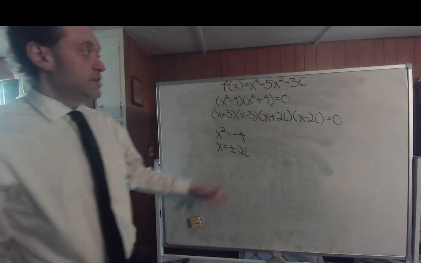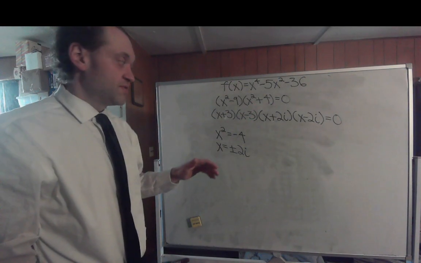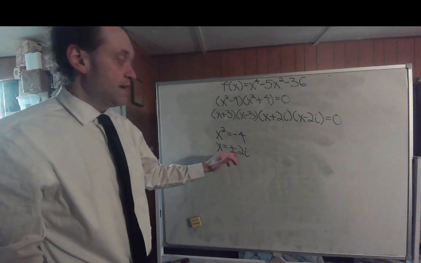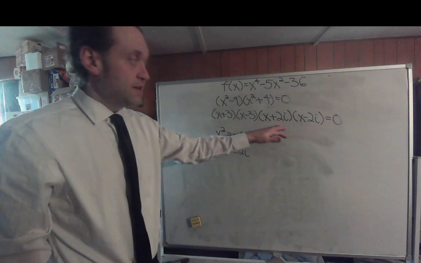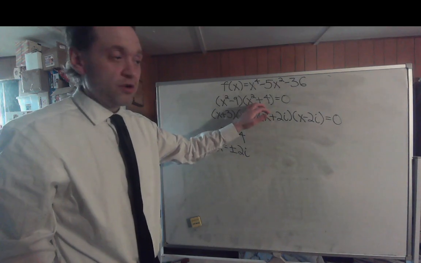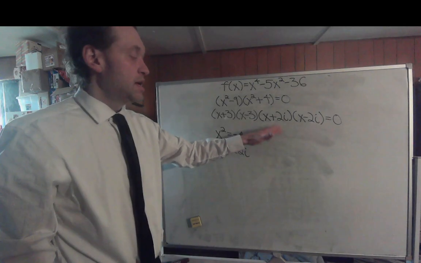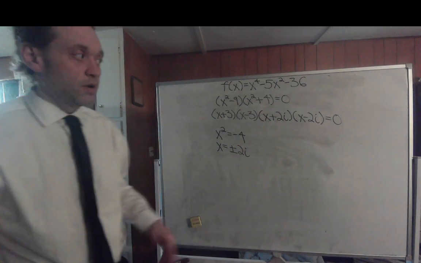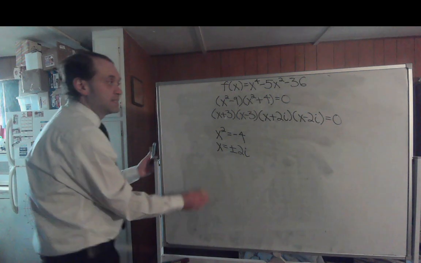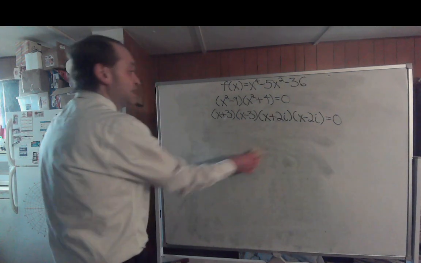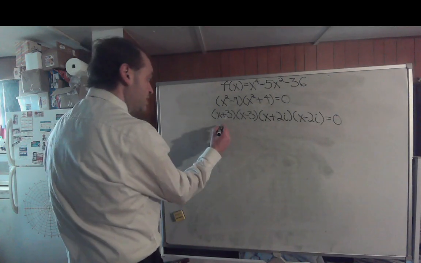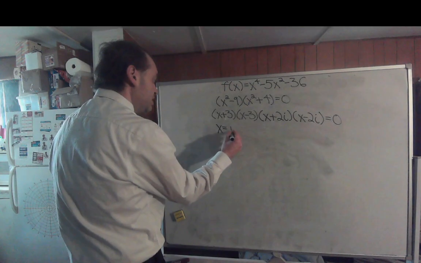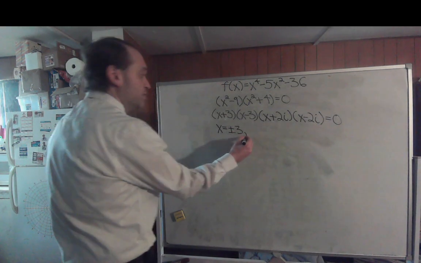So basically you treat it almost like you would a difference of squares. The only thing is you're going to have imaginary solutions. You write it as the sum and difference of the square root of x squared with an imaginary root of the number. That's all you would do. That's how you would factor a sum of squares. Now just set each of these equal to 0. You get x would equal both plus and minus 3, which are two different solutions.